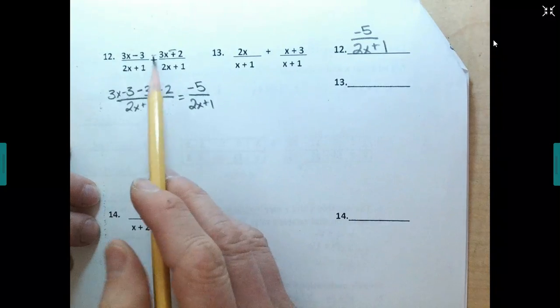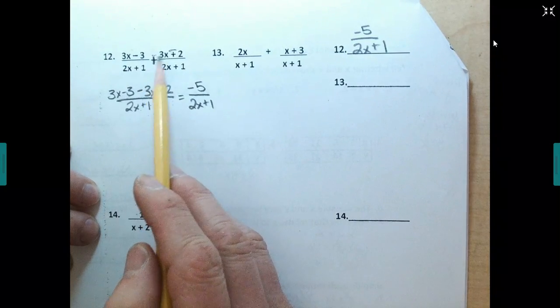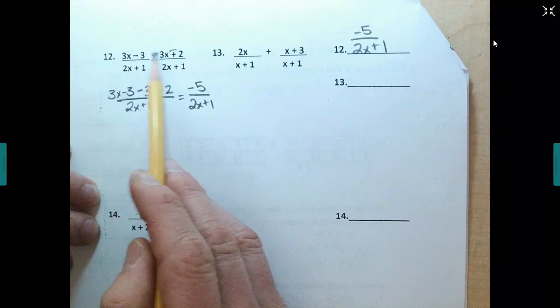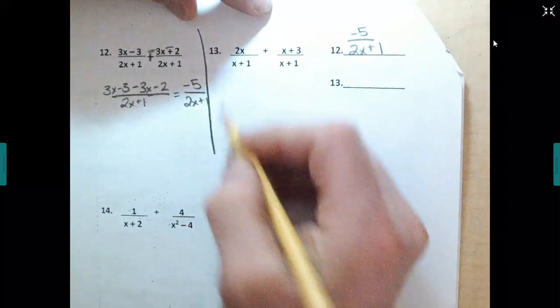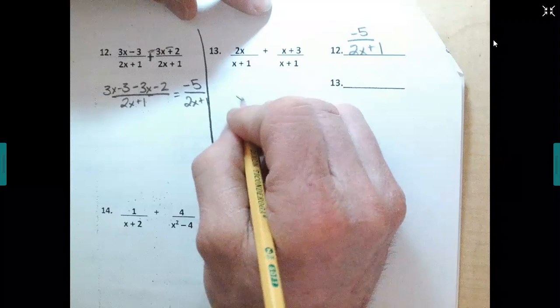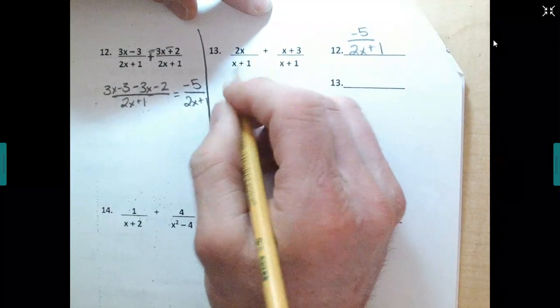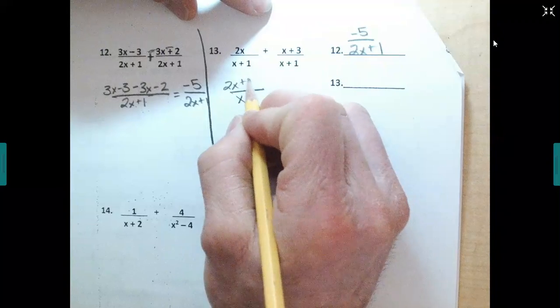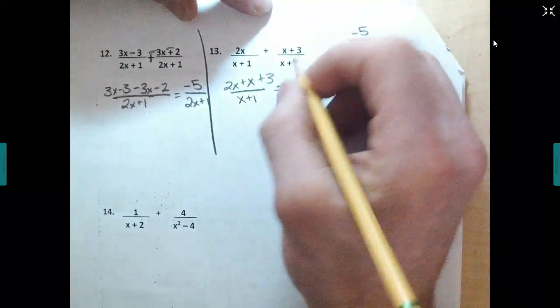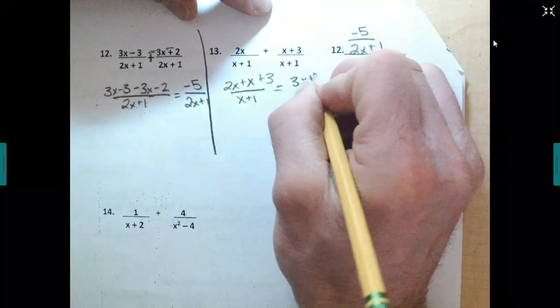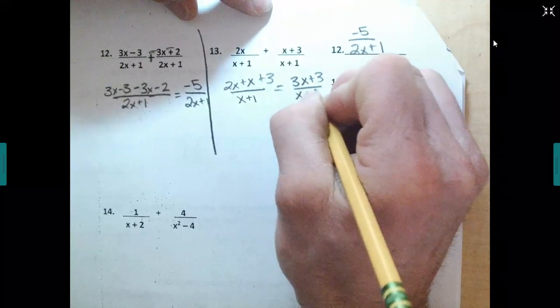So don't forget, when you're subtracting, you have to add the opposites. All right, again, we've got the common denominator already, so I'll leave that on the bottom. And then I have 2x plus x plus 3. 2x plus x, that's 3x plus 3 over x plus 1.